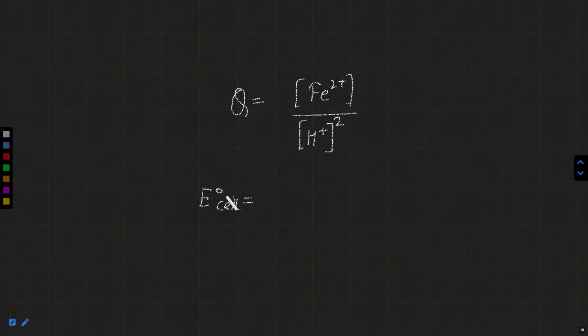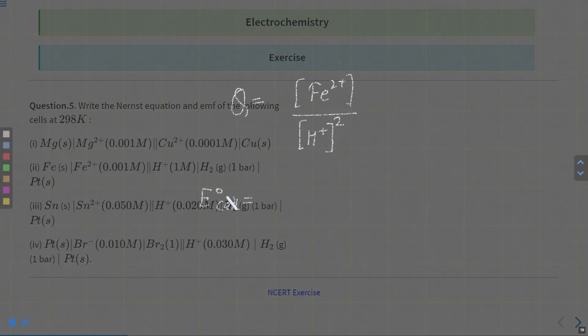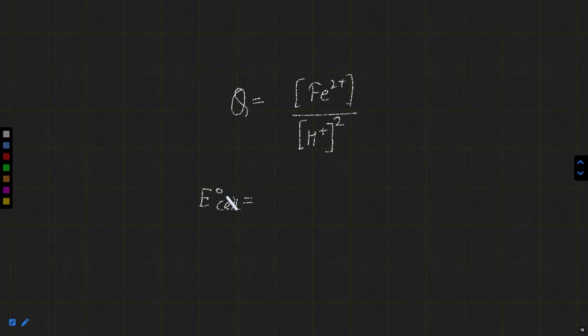We are going from Fe to Fe2+, so we need either the reduction potential or the oxidation potential. Usually you are given the reduction potential. Its value is given for Fe2+ or Fe3+, it is Fe3+. Its value is not given, right? So let me search it for you.